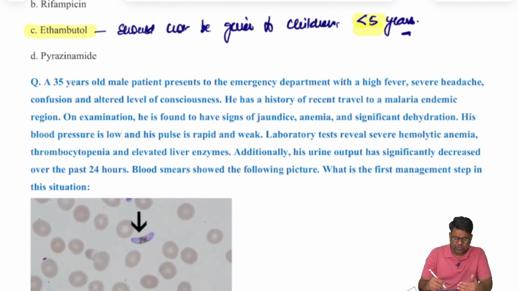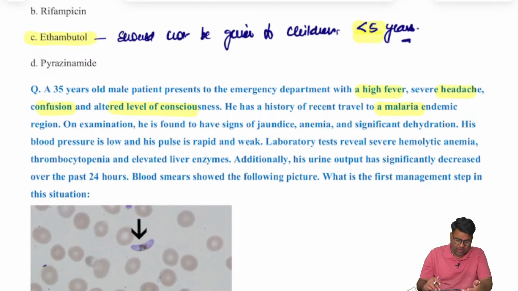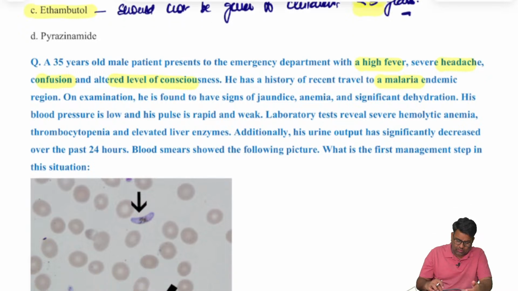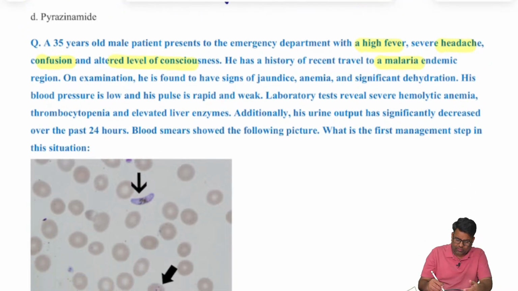Now again, a question, this is a repeated question in a different format. So a patient developed high fever, headache, then confusion, altered level of consciousness, and there is a history of travel to a malaria endemic region, and then he's having jaundice, anemia, dehydration. This is all history of malaria, falciparum malaria.